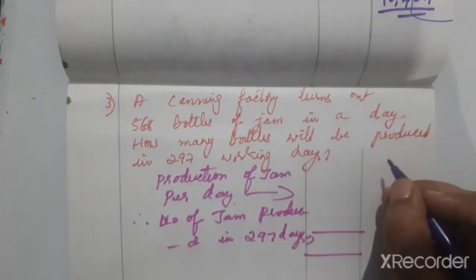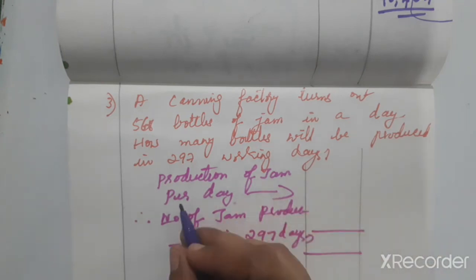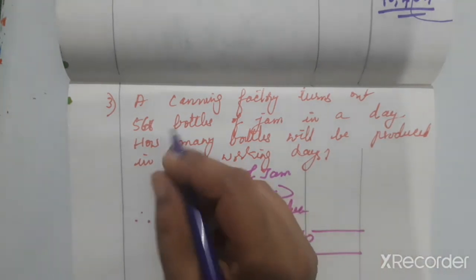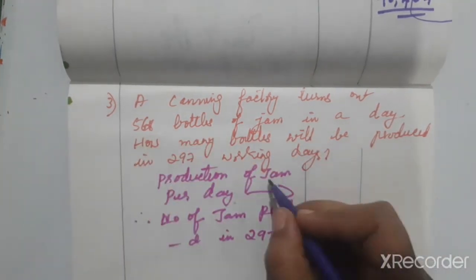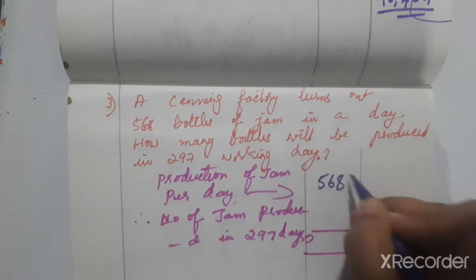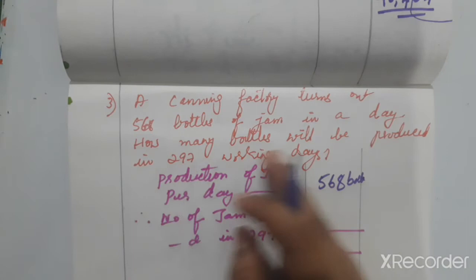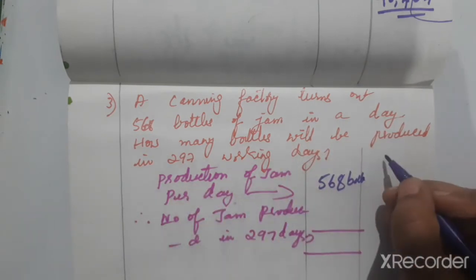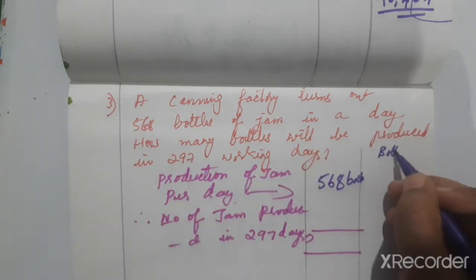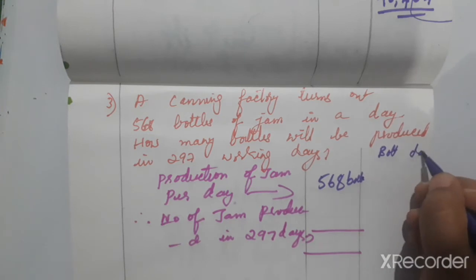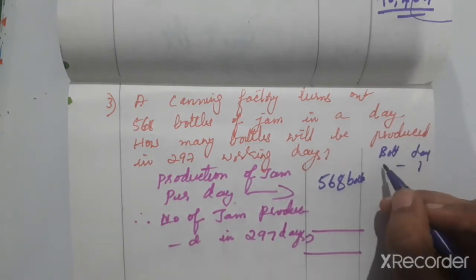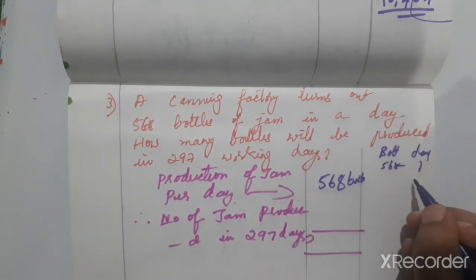Third question. Here, production of jam per day: for one day the production is 568 bottles. How many bottles will be produced in 297 days? One day they produce 568. For 297 days, how much?